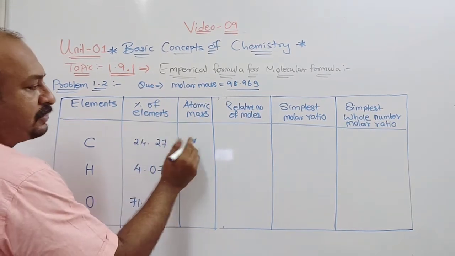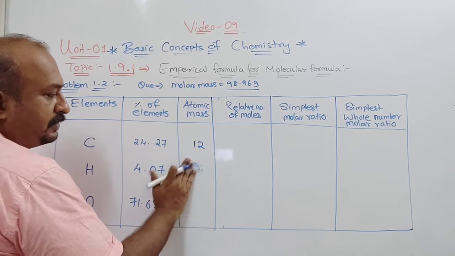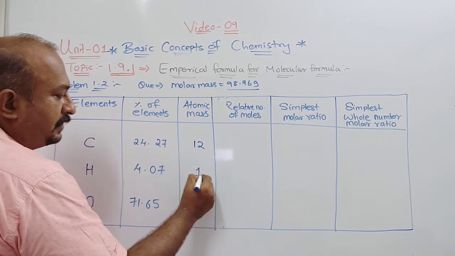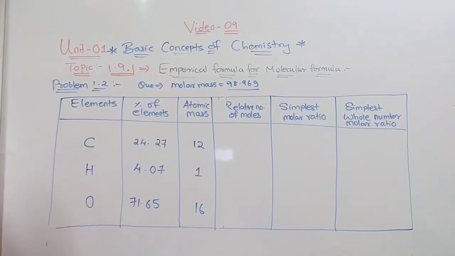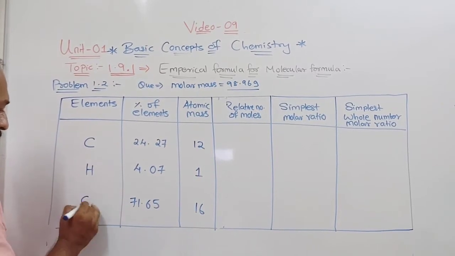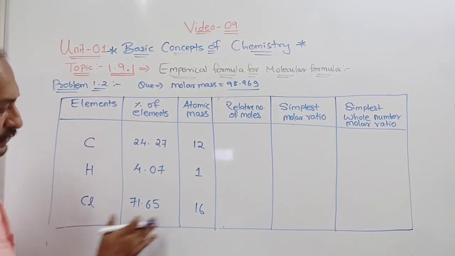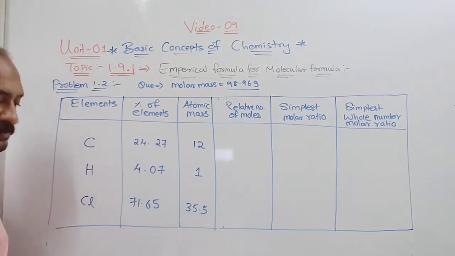Now the atomic mass of carbon we know is 12, of hydrogen it is 1, and oxygen atomic mass is 16. Okay, so now what we will do here, sorry, here it is chlorine, Cl. So Cl is 35.5.